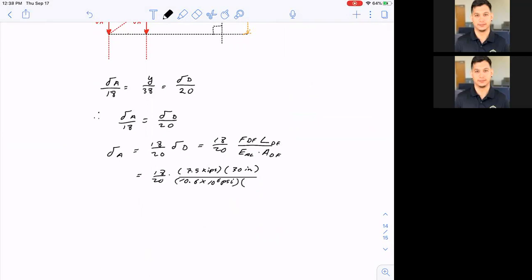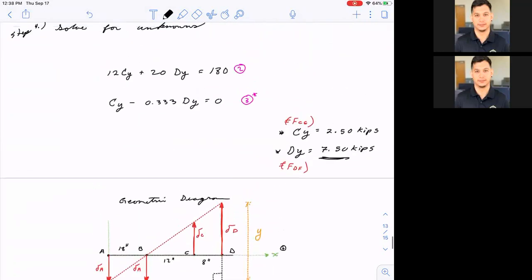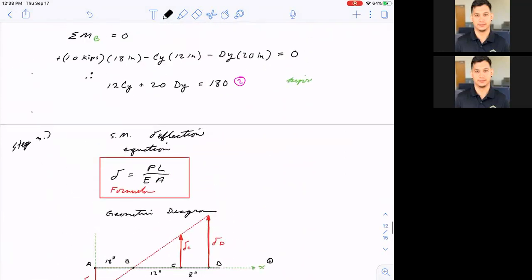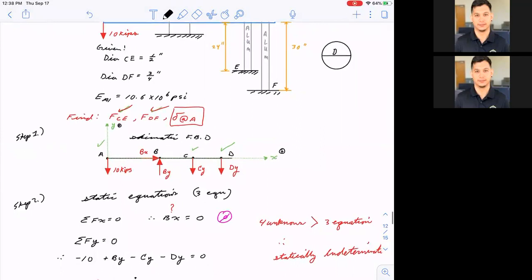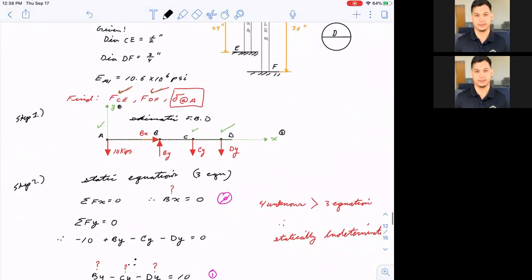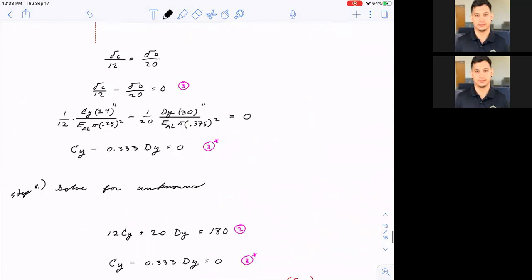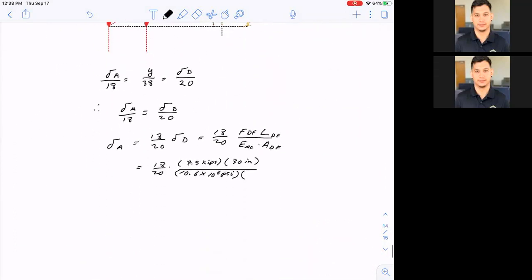multiplied by the area, and the area of DF, sorry, DF is, okay, the diameter is 3/4. So we said right here, I think we said is pi 0.375 squared.